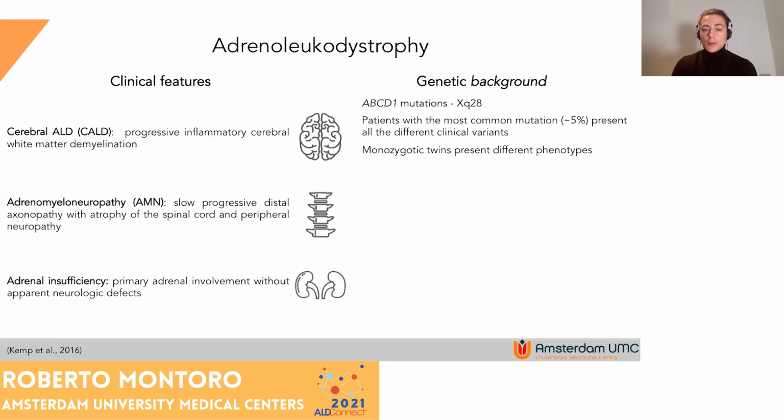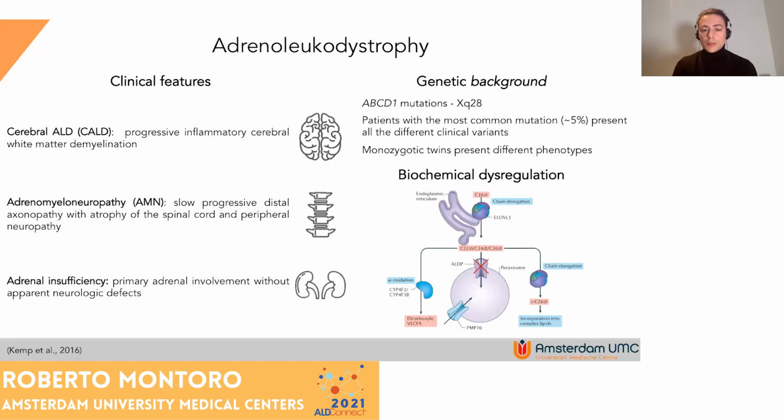The ABCD1 gene encodes a peroxisomal transmembrane protein whose function is to import very long-chain fatty acids into the peroxisome for degradation. But when mutated, the very long-chain fatty acids accumulate and are not degraded.